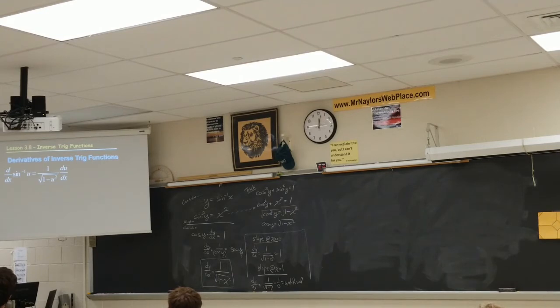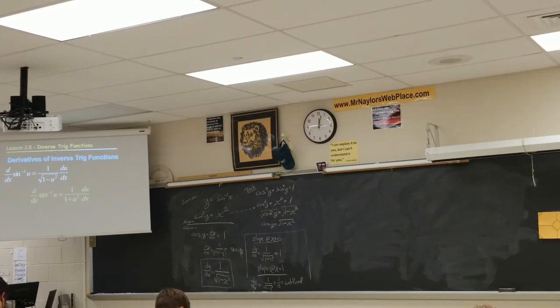I think you would when I give you a problem, but it's basically telling you to leave the inside alone. Leave it as a u, or whatever it is, and then you have to do the derivative of the inside, du dx. When it's actually a problem and there are actual numbers there, then you'll change them as appropriate. U just stands for the inside.